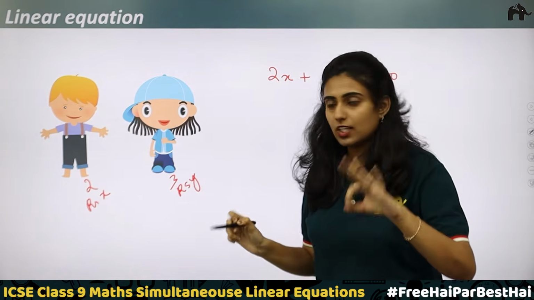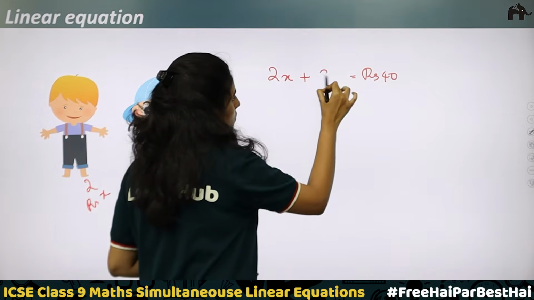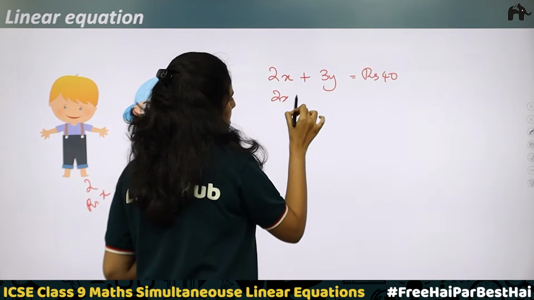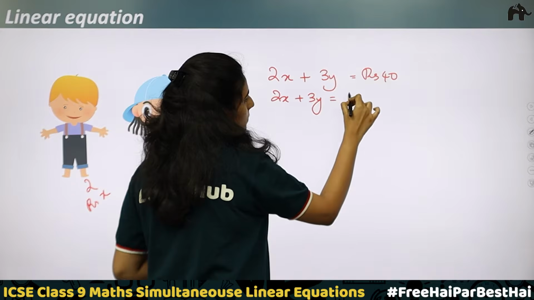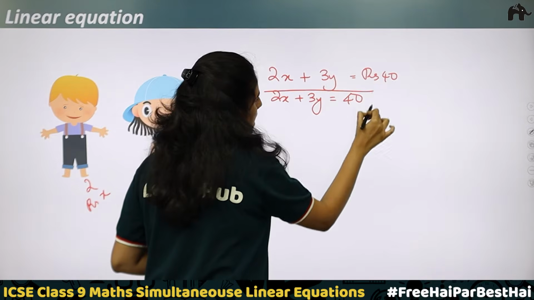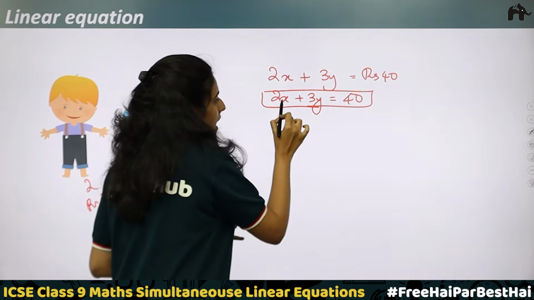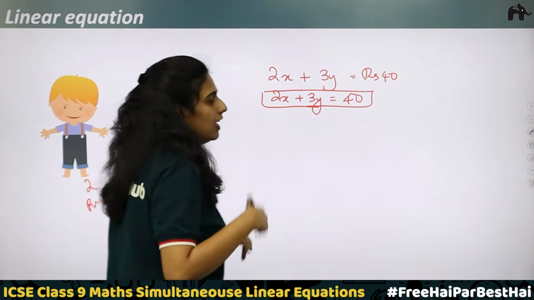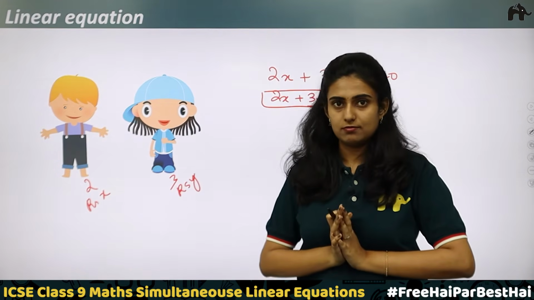She buys 3 chocolates, so 3 into y. So 2x plus 3y is equal to 40. This is a linear equation in two variables. Here you can see two variables. x is unknown, y is also unknown. Next day what happens is you are going to buy chocolates again.